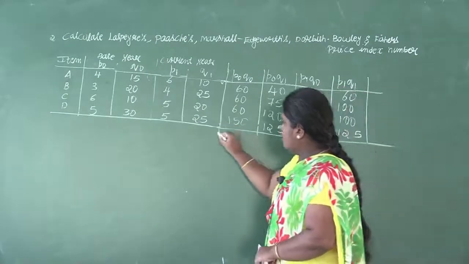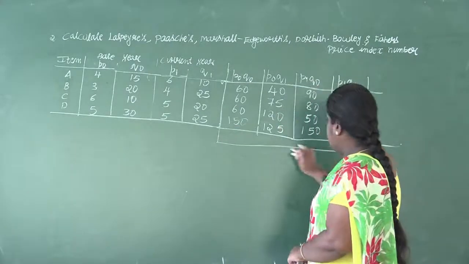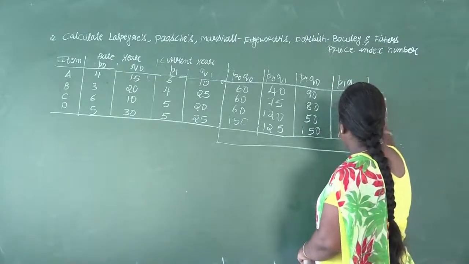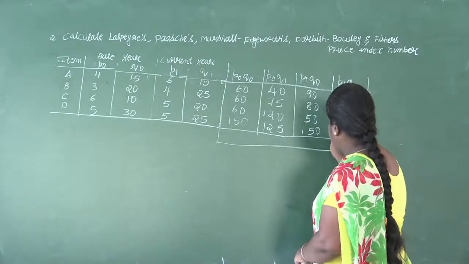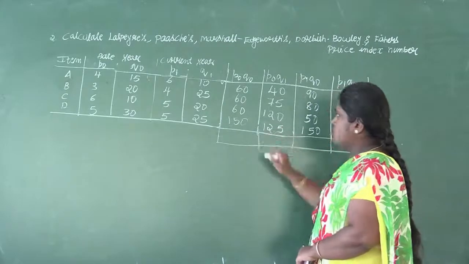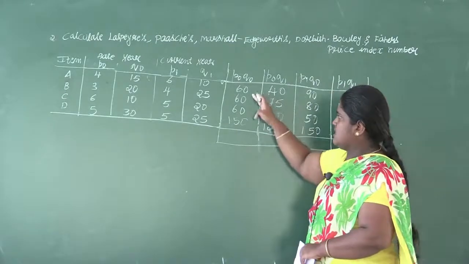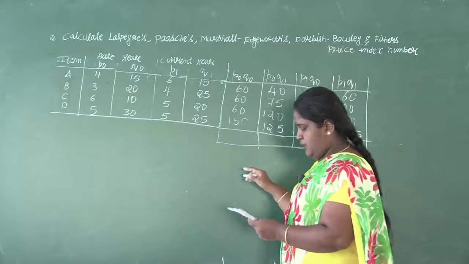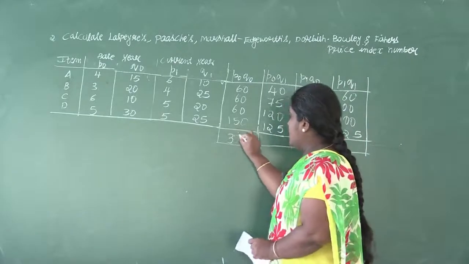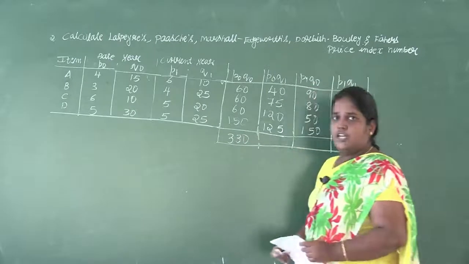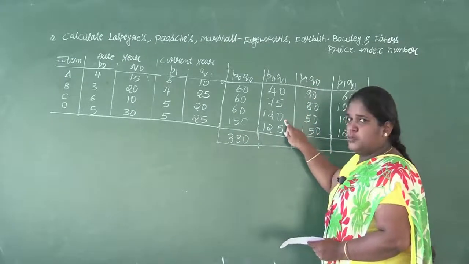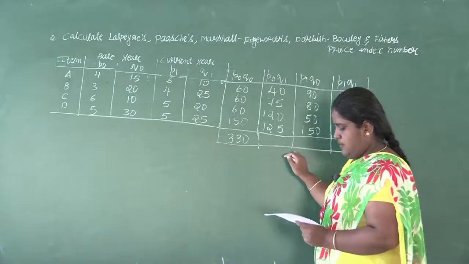We need the total of all the 4, that is the P0 Q0, P0 Q1, P1 Q0 and P1 Q1. So what are the P0 Q0 values we have got? 60, 60, 60 and 150. So we'll get the total 330. Then add P0 Q1: 40, 75, 120 and 125.